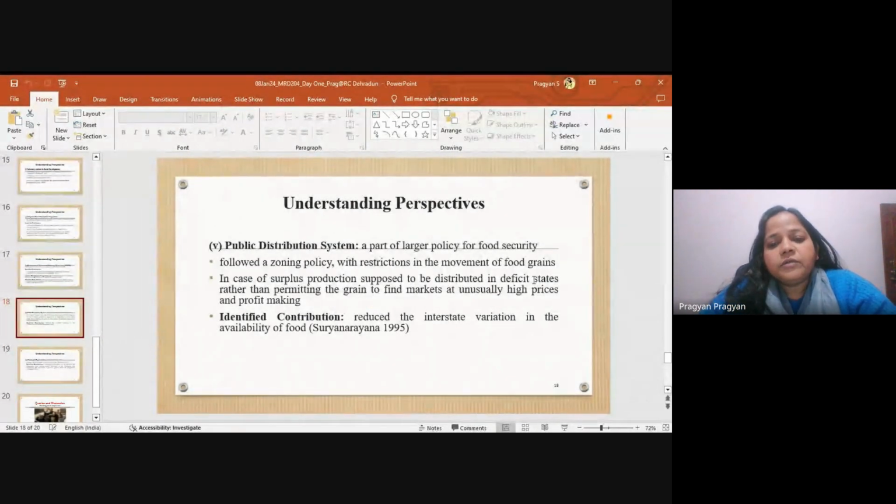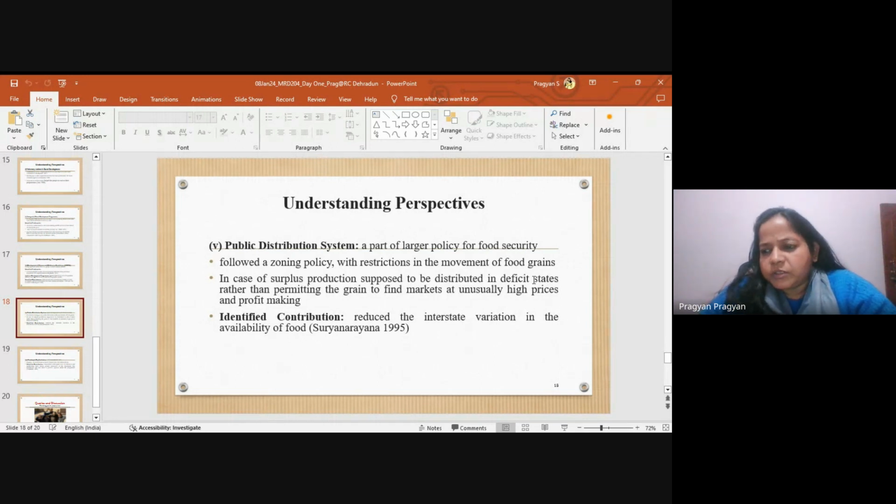Then one very major program was the public distribution system. It was basically a part of Indian policy for food security, and they divided the whole country into a few zones, and they allowed movement of food grains only with restrictions.